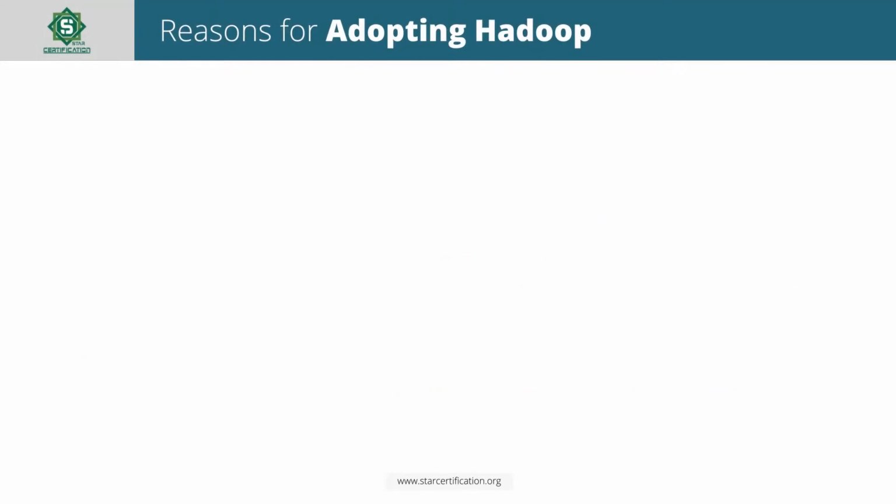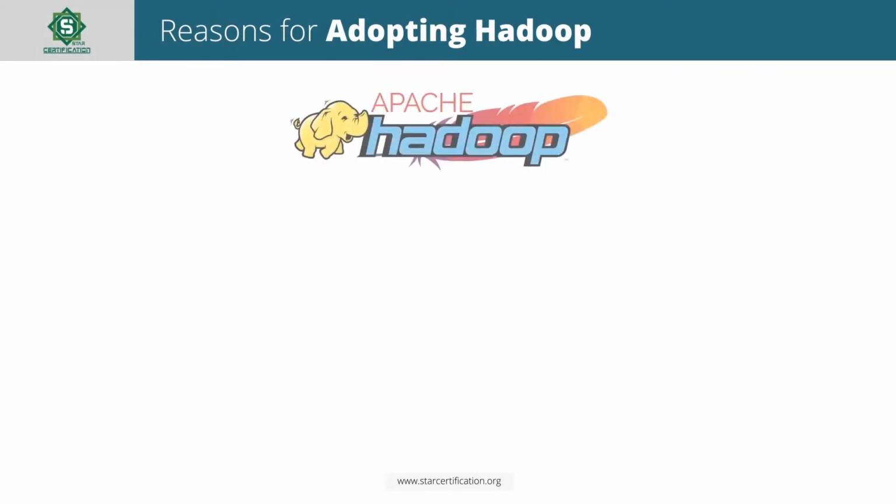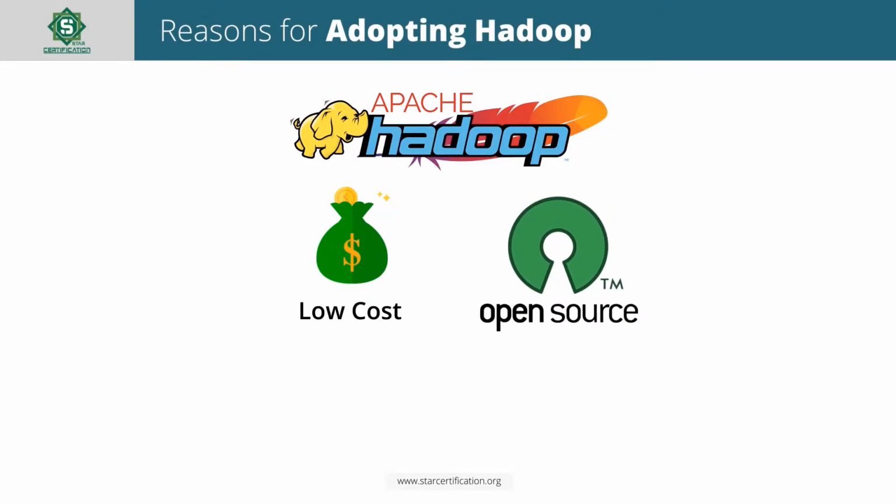Reasons for adopting Hadoop. The reasons for the acclaim received by Hadoop over the years are: low cost. The cost per terabyte of data storage with Hadoop is less as compared to traditional systems. Open source: the open source community guarantees long-term relevance.